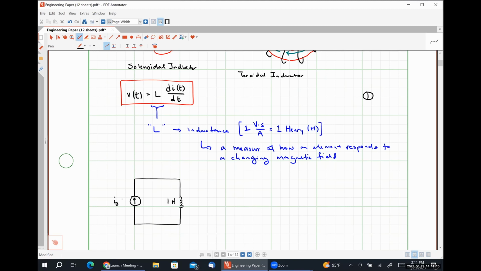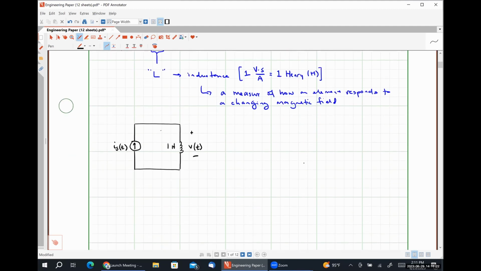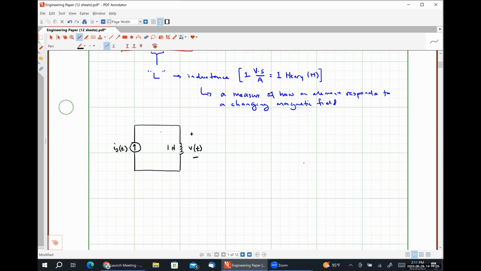And we have some current flowing through our inductor, and our goal is to determine what the voltage drop across our inductor is going to do. I'm going to give us a couple of different waveforms to look at. The first one is what happens if the current flowing through the inductor is constant.